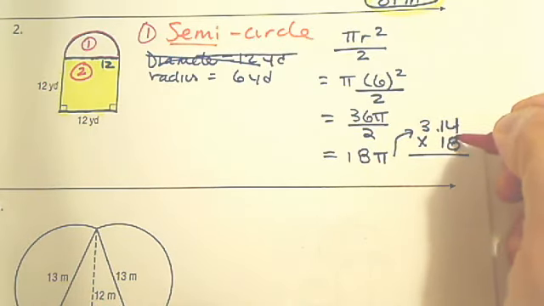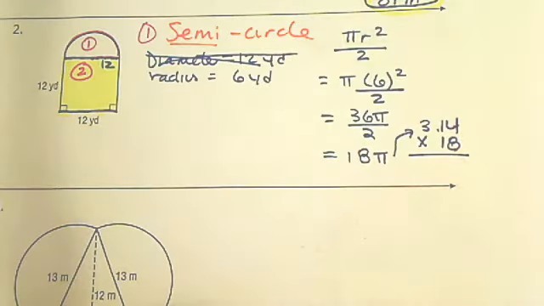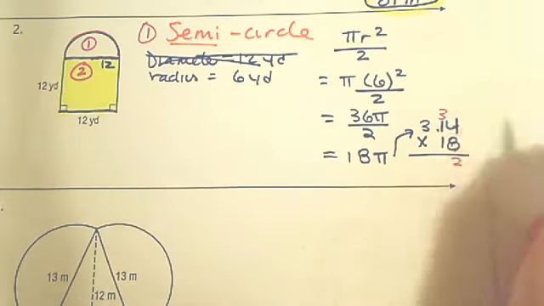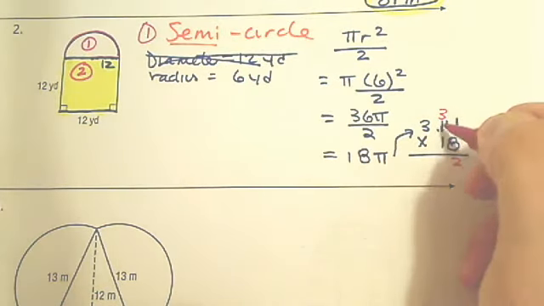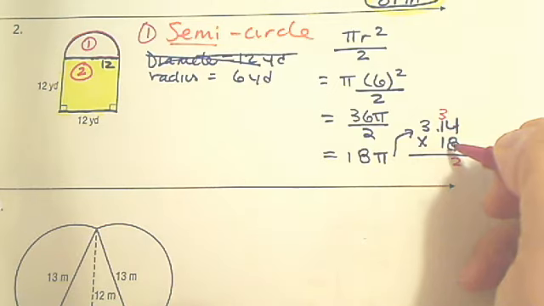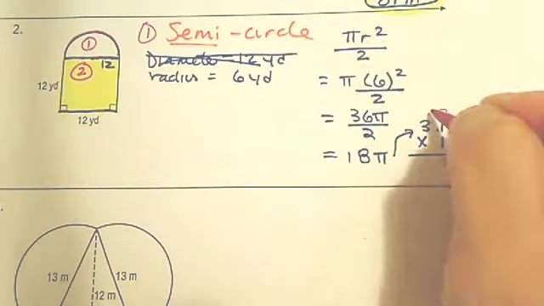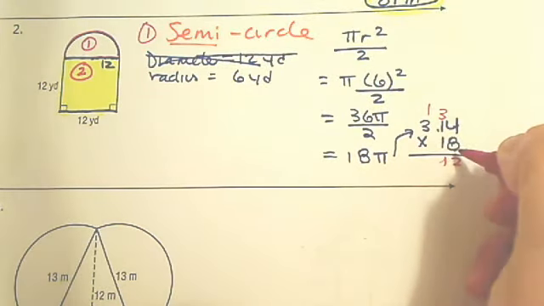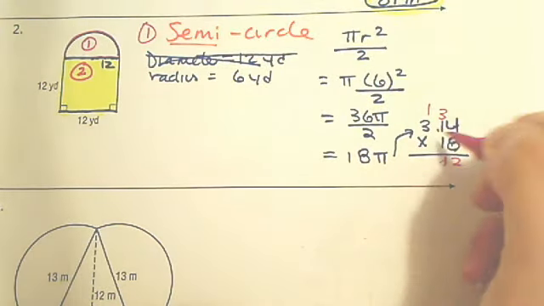4 times 8 is 32. Carry the 3. 1 times 8 is 8, plus 3 is 11. Carry the 1. 8 times 3 plus 1 is 24 plus 1, 25.